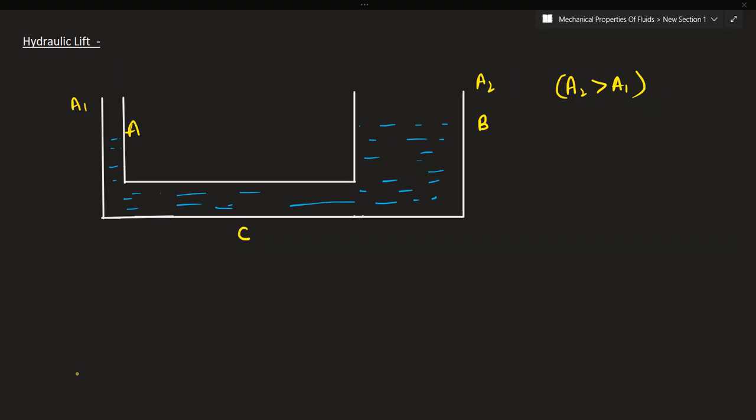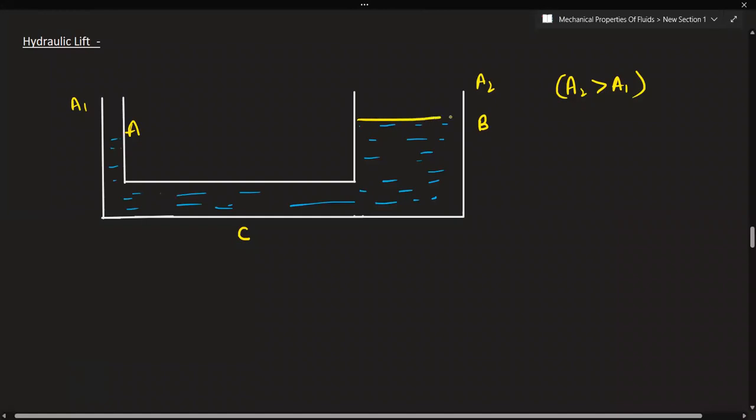Now the load to be lifted, and the load can be heavy, like a car, is placed on the cylinder with the larger cross-section area, A2. Our load would be placed over here.